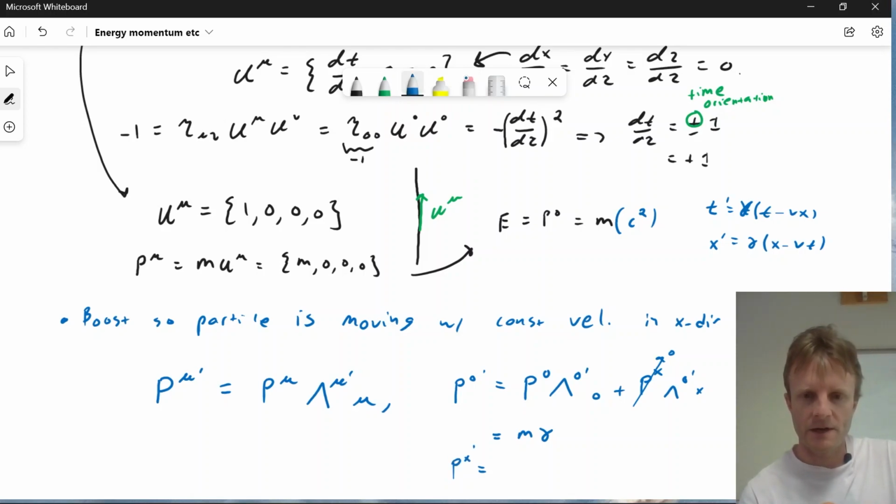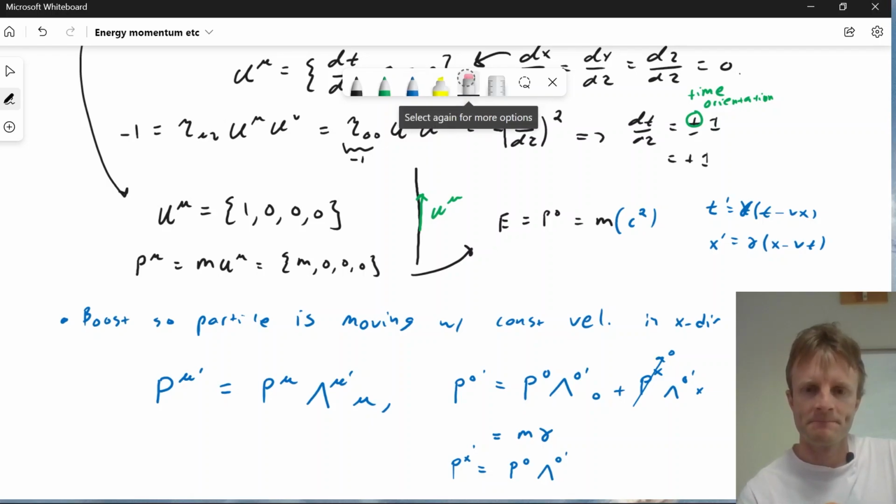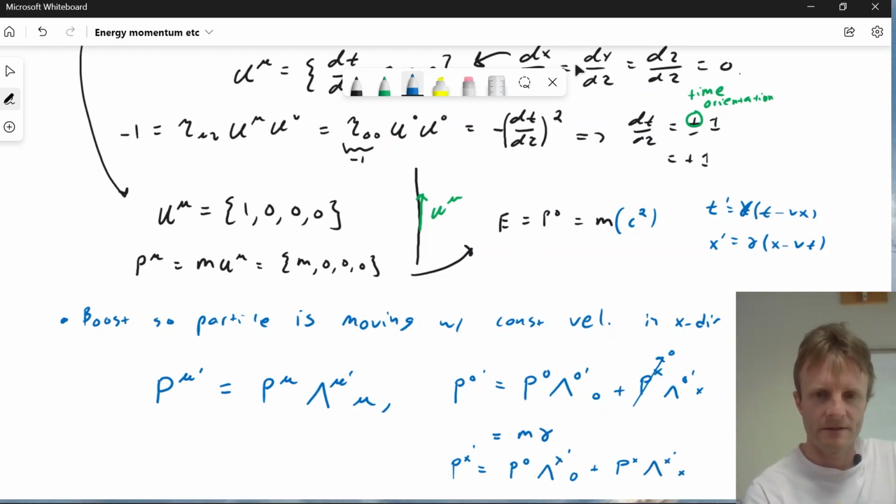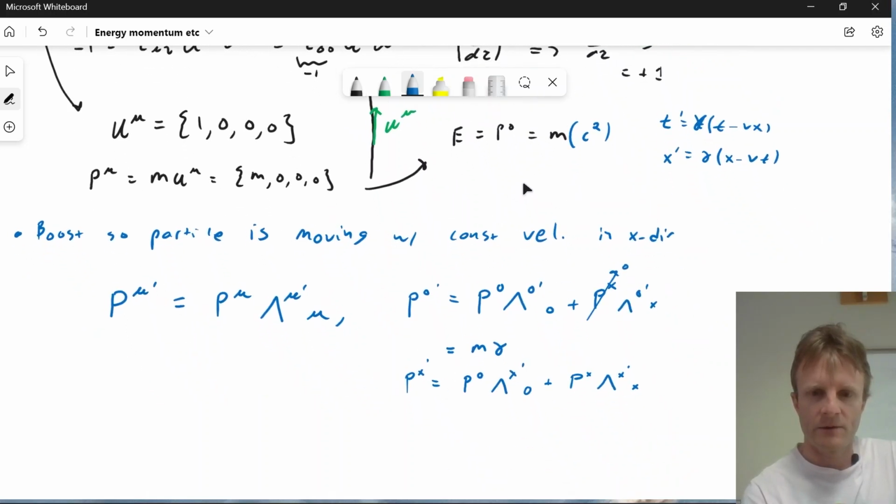p^x' is now, we still have to do p^0 Λ^x'_0 plus p^x Λ^x'_x. And now p^0 was again m. Λ^x'_0 is just gamma.